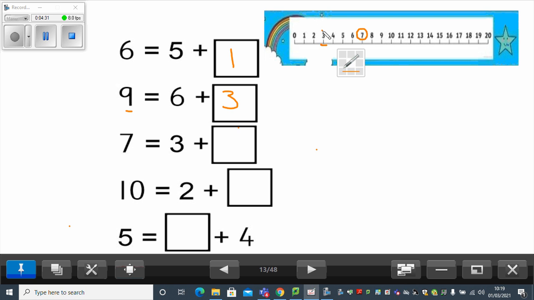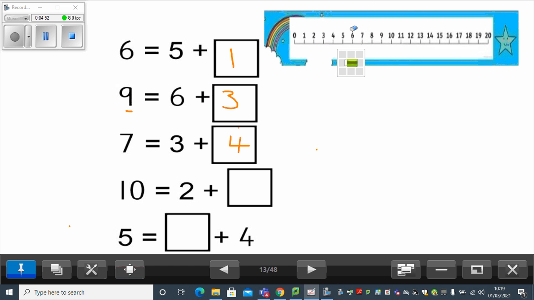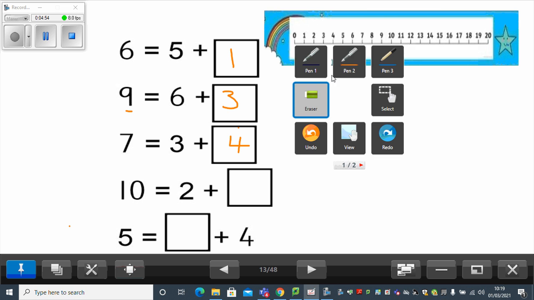Starting from 3, let's count the jumps. 1, 2, 3, 4. So 3 add 4 equals 7, or 7 equals 3 add 4. Okay, let's remove that from my number line.